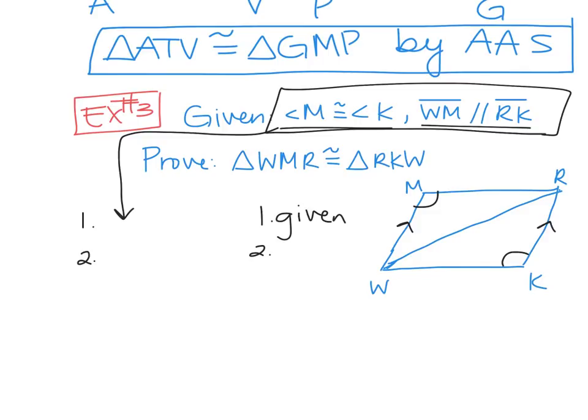Because RM cuts off the whole angle from the line KR, and WK cuts off the other half of the angle on the other line.